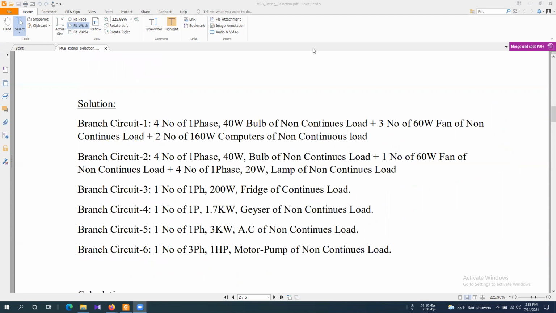Branch 1 has some loads, and branch 2 also has some smaller loads, and for the remaining 4 big loads, a fridge, a geyser, AC, and a motor, we have dedicated a single MCB for each. The remaining smaller loads are segmented into 2 branches. Understood?